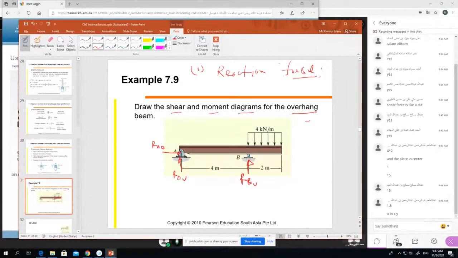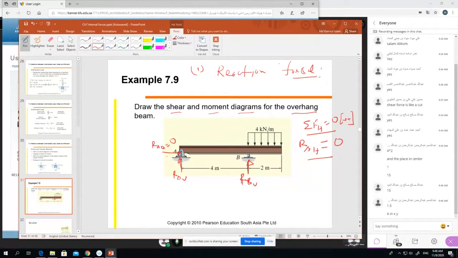If we take the summation of horizontal force equal to 0, there is no other horizontal force available. So RAH is equal to 0.